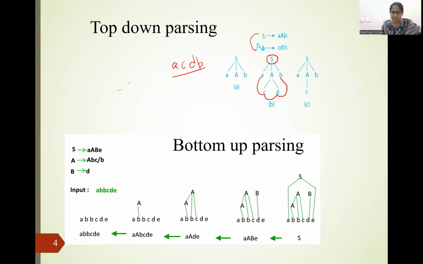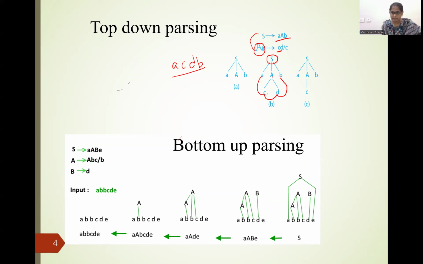Initially, what is the start symbol? Yes, S is the start symbol, and the production rule of S is AAB. By replacing the non-terminal A with the production CD, A derives CD. That means the output string that we got is ACDB.